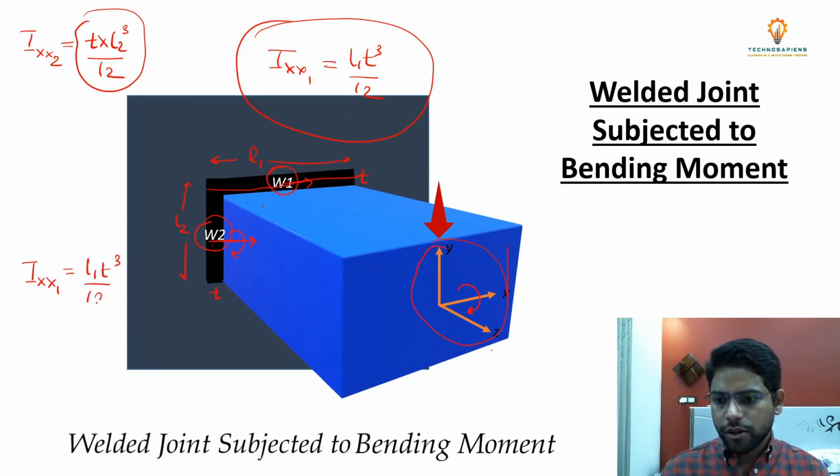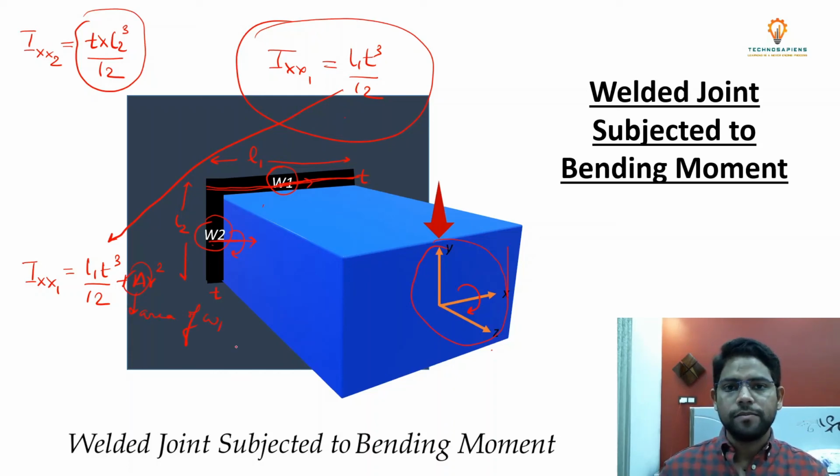We will use this value over here plus a times r square, where r is the distance between the centroidal axis and the x-axis of our Cartesian coordinate system, and a is the area of weld 1.